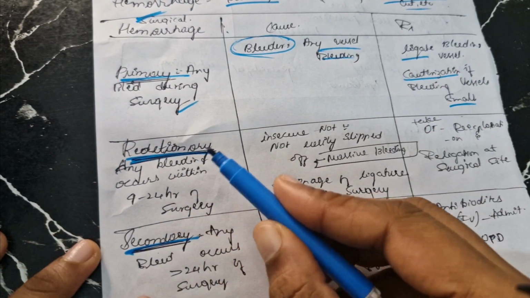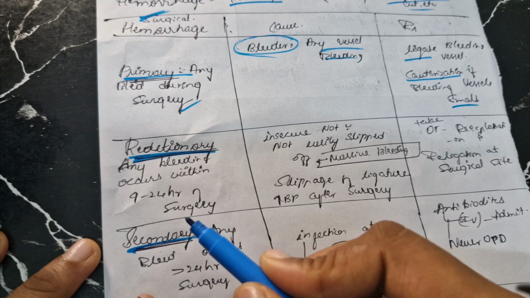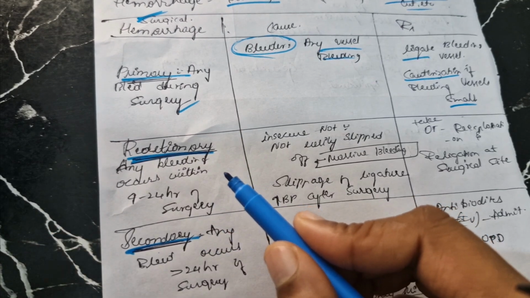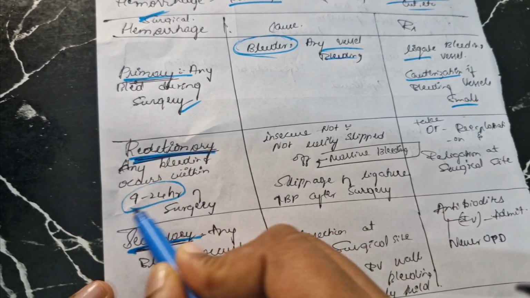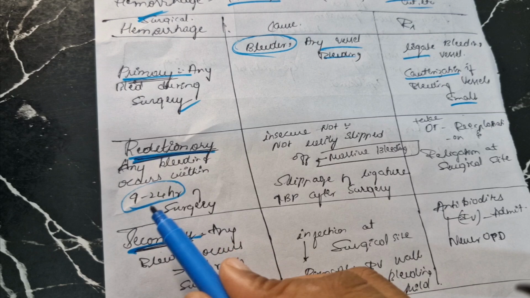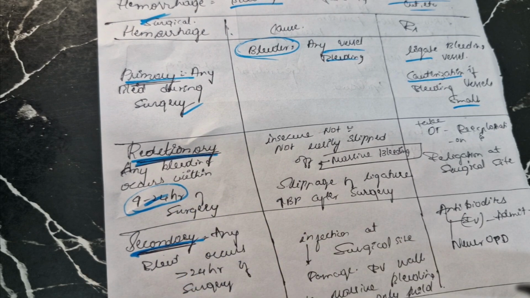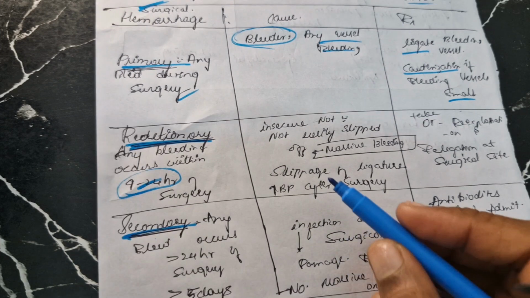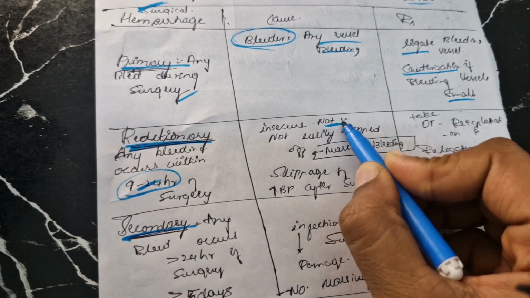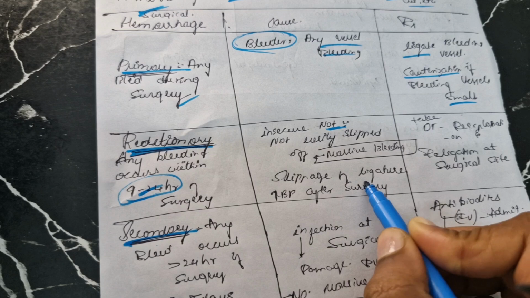Reactionary bleeding is any bleeding which occurs 4 to 24 hours after surgery. The cause for this might be an insecure knot. They put a knot or ligate the vessels during surgery.